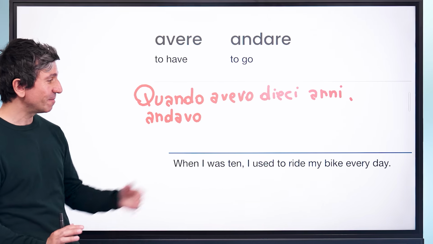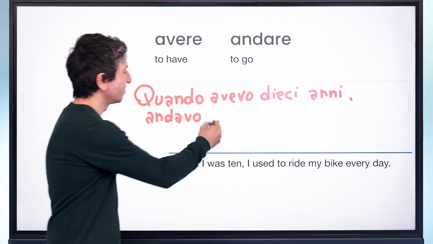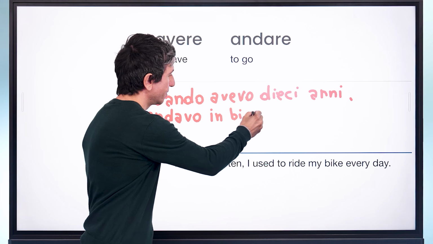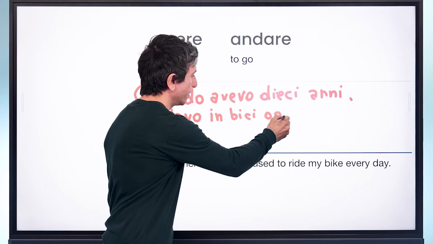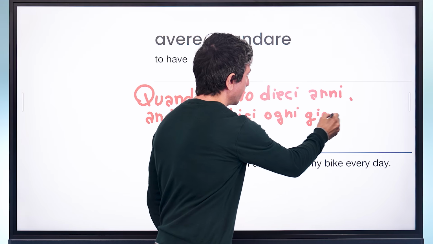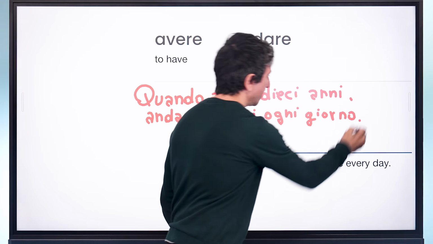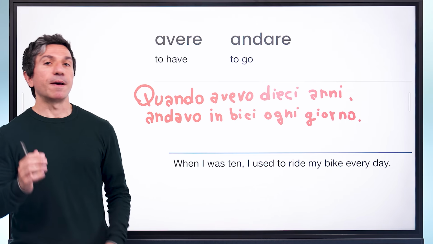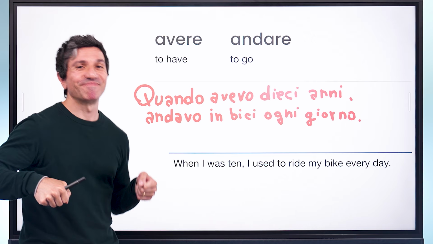And finally, in bici ogni giorno, meaning by bike every day.